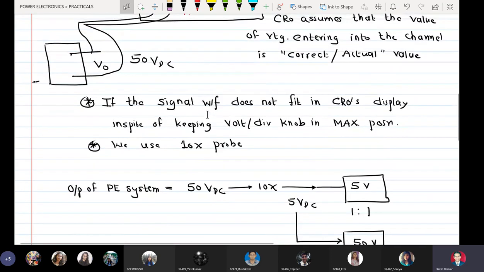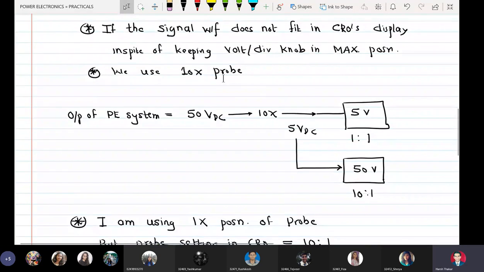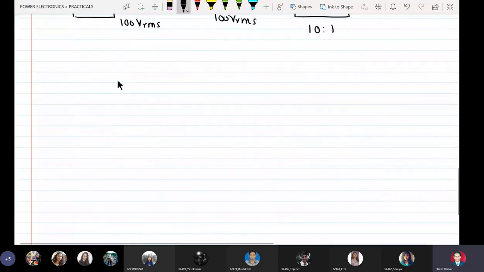So what we understand here is that simply using the 10x switch on the CRO probe is not sufficient, but you have to use both things.